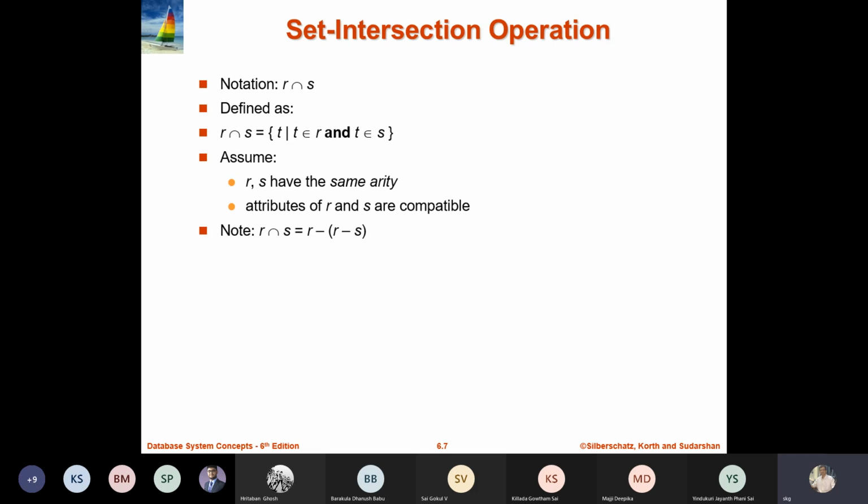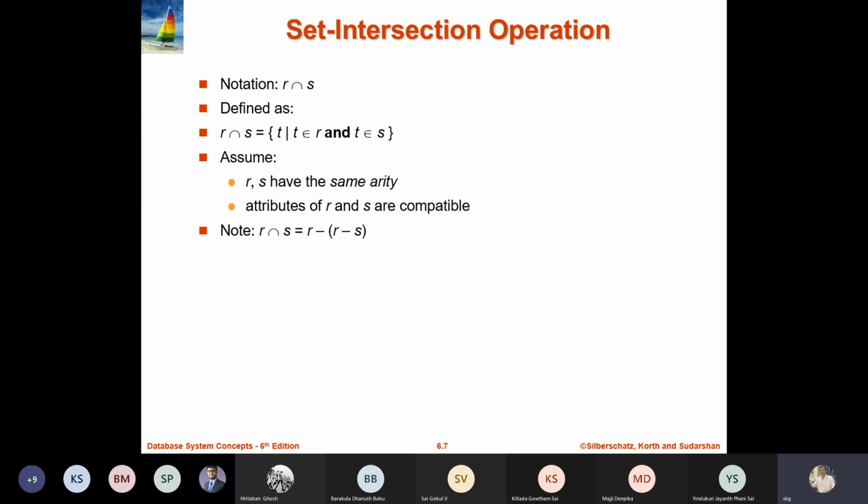Set intersection operation. R intersection S is defined as the tuples t where t belongs to R and t also belongs to S. These are already known to you, and intuitive. Assume R and S have the same arity, so the attributes of R and S are compatible.